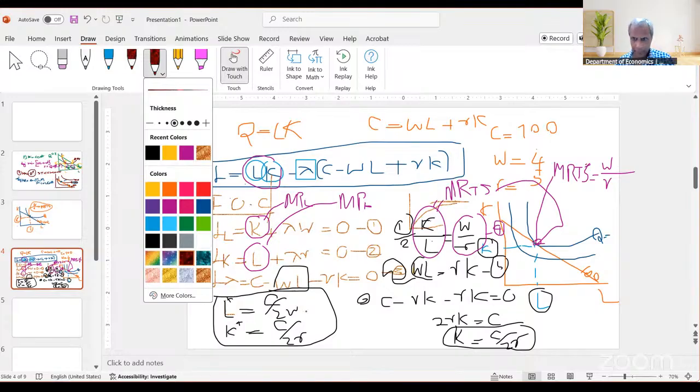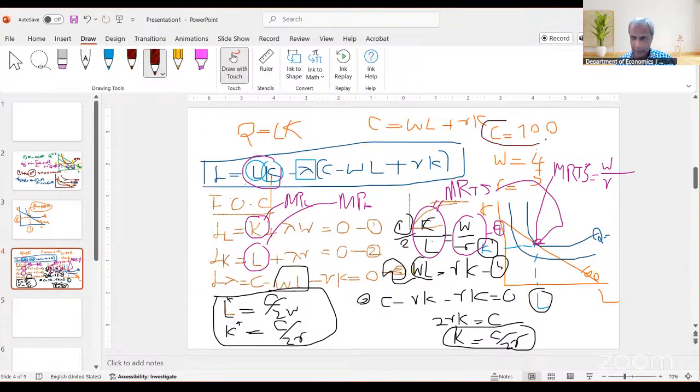Now here, in the example I gave, C is 100, which means the cost is 100. Now look at the capital, how many units of capital we recruit. 100 divided by 2 times R, which is 5. The answer becomes 10, which means at the optimal level, this producer recruits 10 capital.